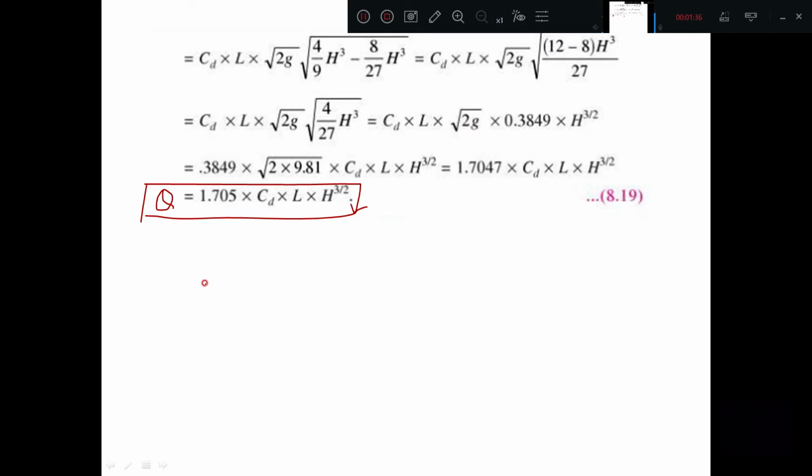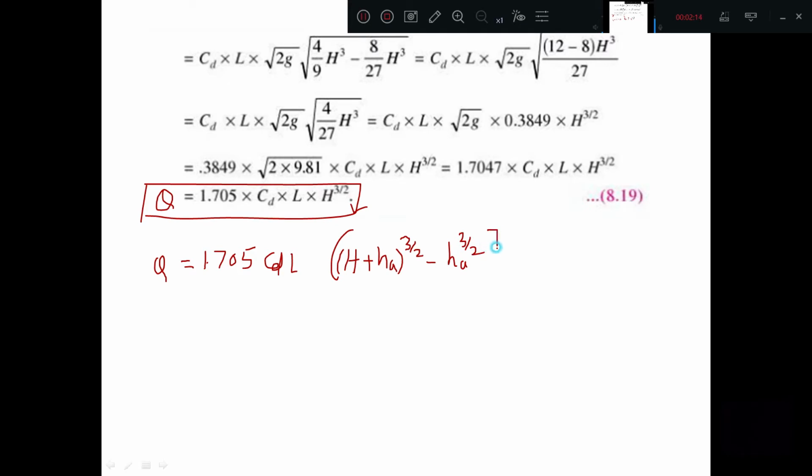Even if you consider the velocity of approach, then h changes. That is, Q equal to 1.705 CD L, and in place of h you can substitute h plus HA: h plus HA raised to 3 by 2 minus HA raised to 3 by 2.